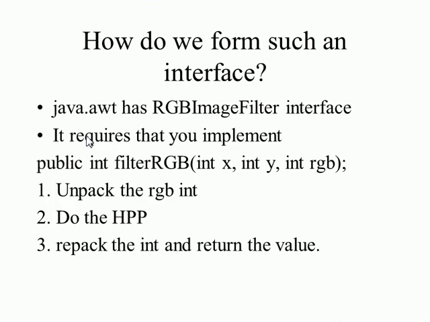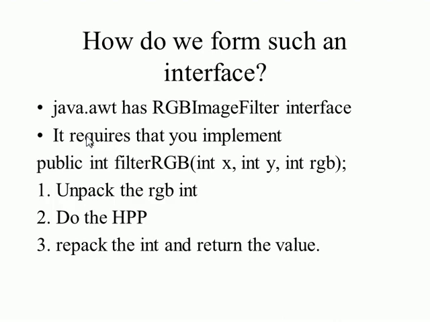Then comes red. Then comes green. And then comes blue. They're all packed in using shift operations, which we studied earlier in the semester. So once these RGB packed pixels come in, you have to unpack them, do your homogeneous point processing, then you got to repack them and send them out the door as another int.